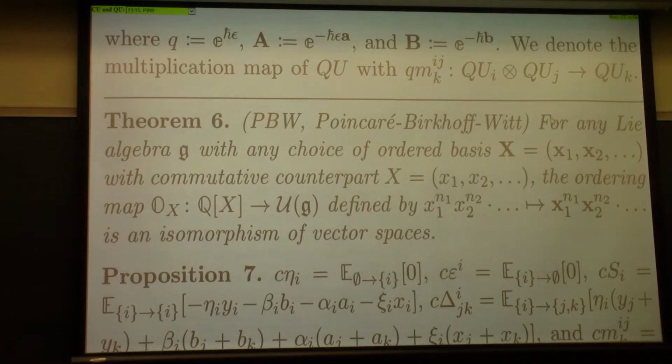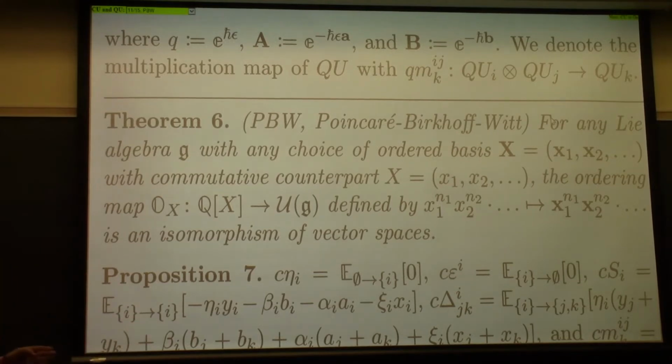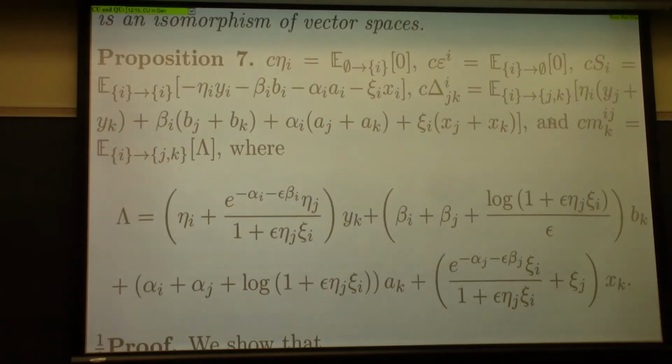Anyway, I did mention the PBW theorem last time. So basically, the algebra CU, being a universal enveloping algebra, is isomorphic to a polynomial algebra. Therefore, it's susceptible to the technique of generating functions. And then we had a proposition saying that the generating functions for all the pieces of the structure are given by the explicit formulas written here.